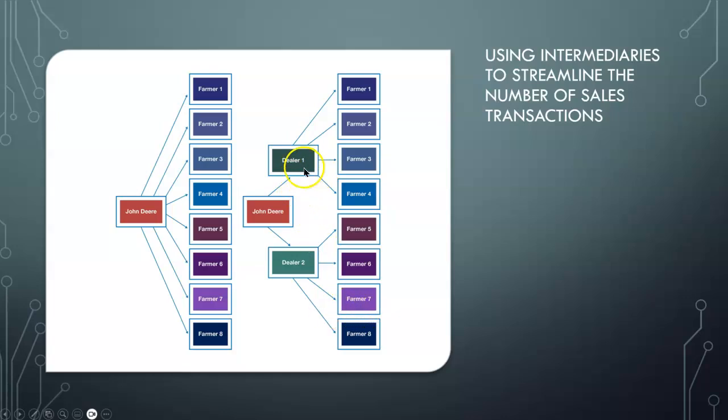So intermediaries help to get the product to the consumer in a timely and more efficient manner, rather than the product coming straight from the producer to the consumer.